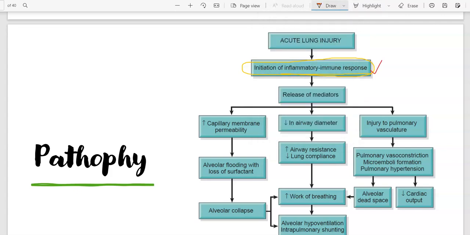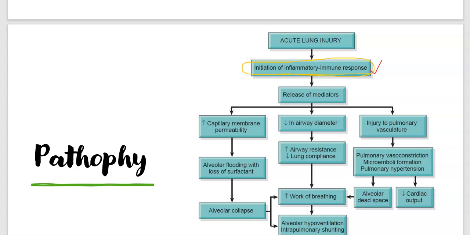Now, pag meron kang pinag-uusapan na inflammatory response, you will always have your chemical mediators. And I did mention this one. Having your chemical mediators means to say there is a release of your cytokines.